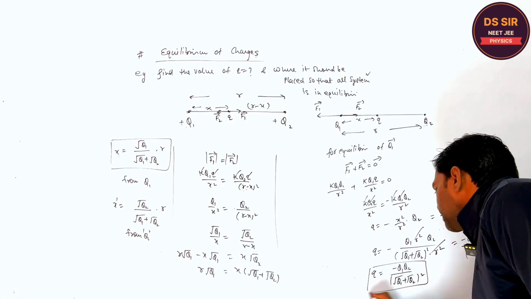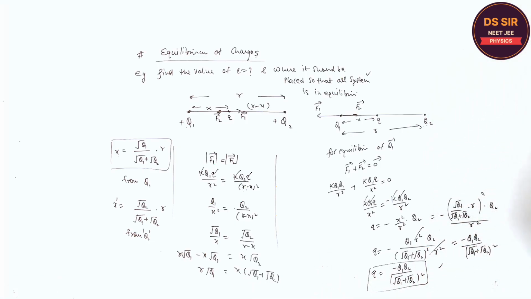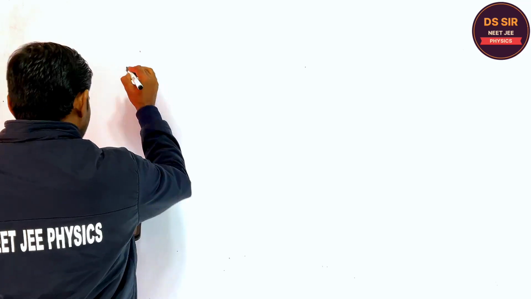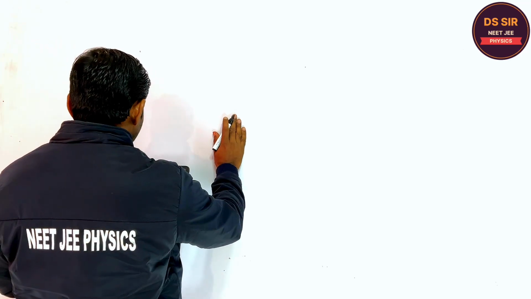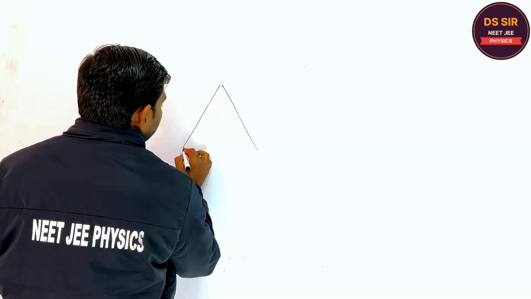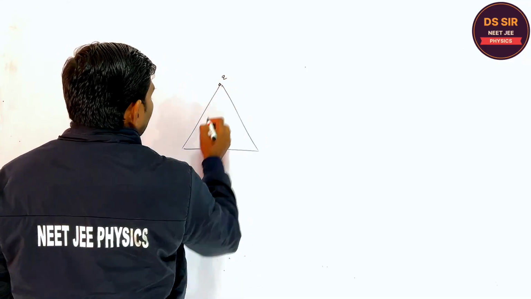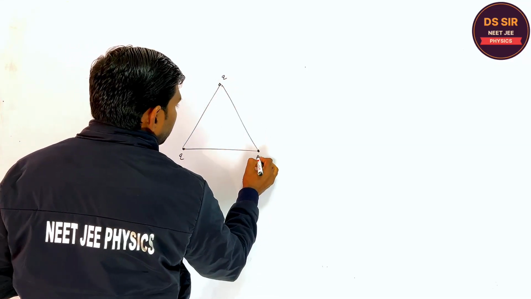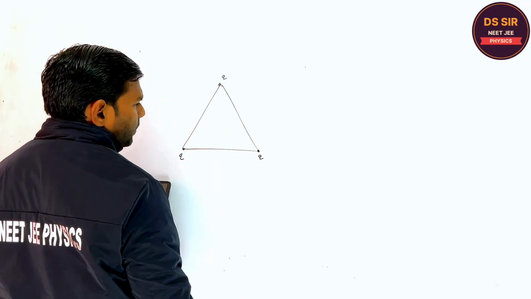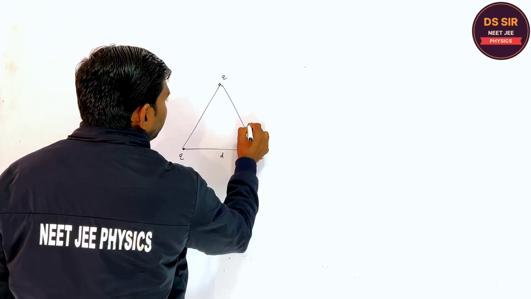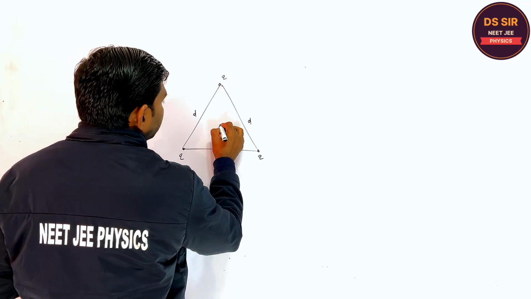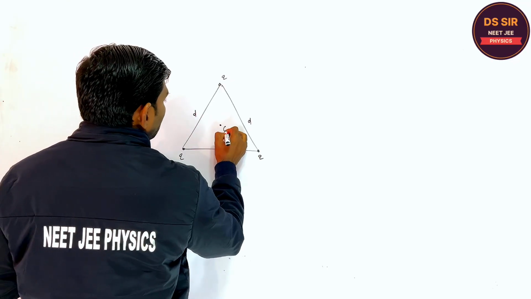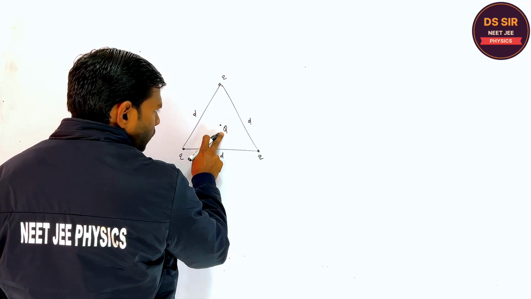Copy this. So there is another illustration. Suppose we have a triangle and on each corner of the triangle the charge Q is placed, and the distance between the sides of the equilateral triangle is D. What should be the value of Q?